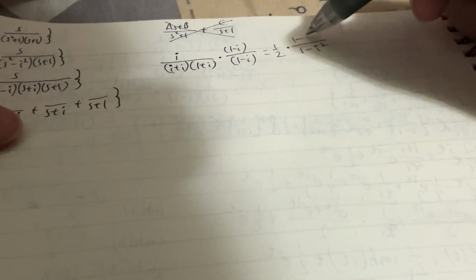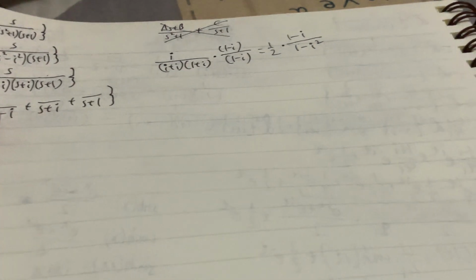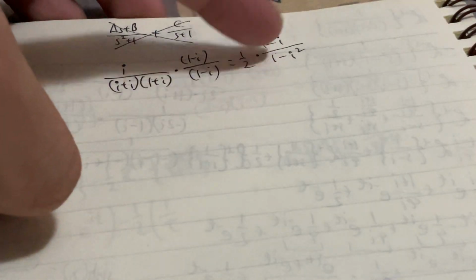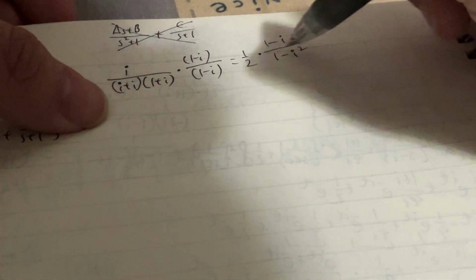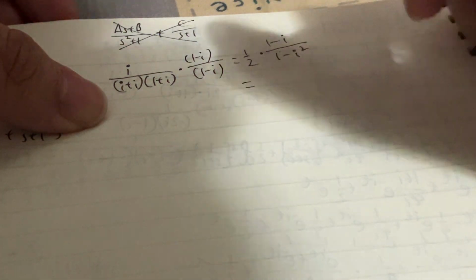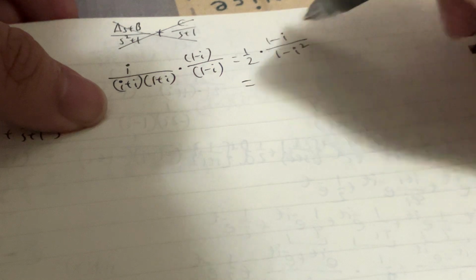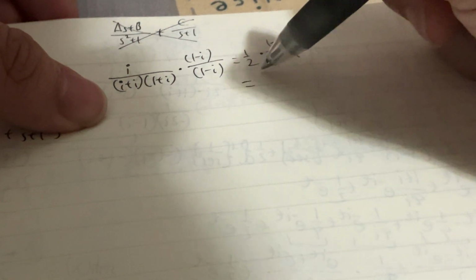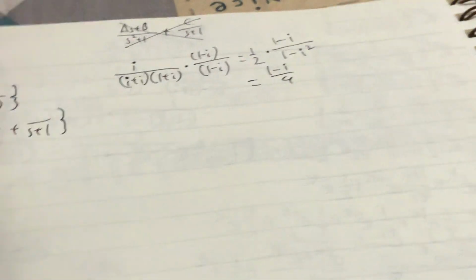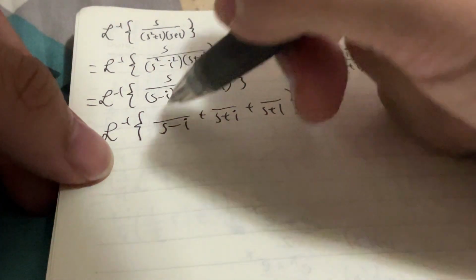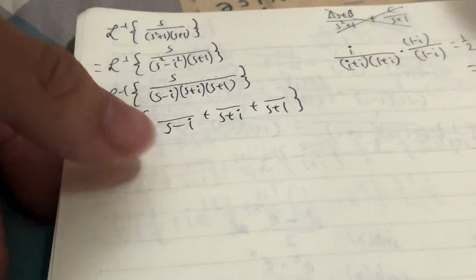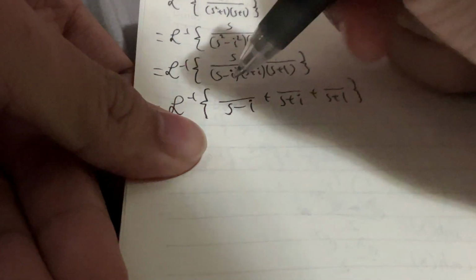On top you get 1 minus i. Here, 1 minus i² is 1 minus (-1), so this is 2. 2 times 2, which is 1 over 2 times 1 over 2, which is 1 over 4. We can write this as (1 minus i) over 4. So the number above s minus i is (1 minus i) over 4.